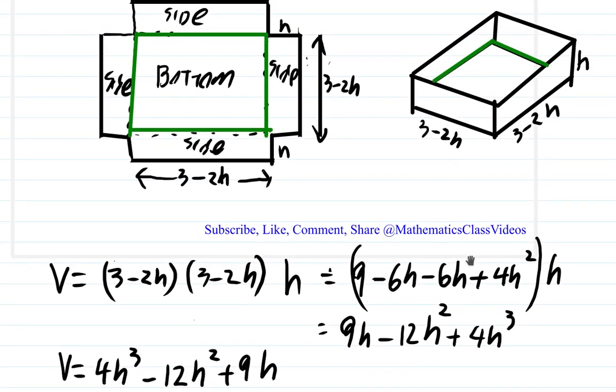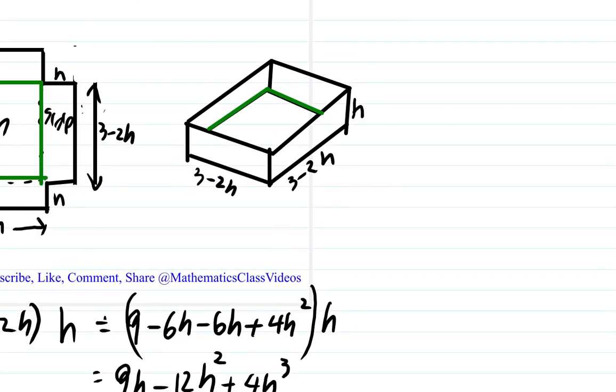The dimensions of the box would be what now? What would be the dimensions of the box if the height is half? Then the dimensions will be 3 minus 2 times half, which would be 3 minus 1, which is 2.